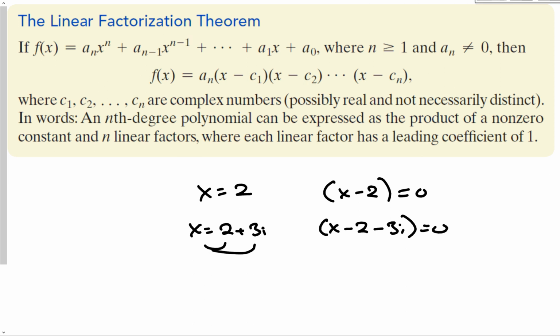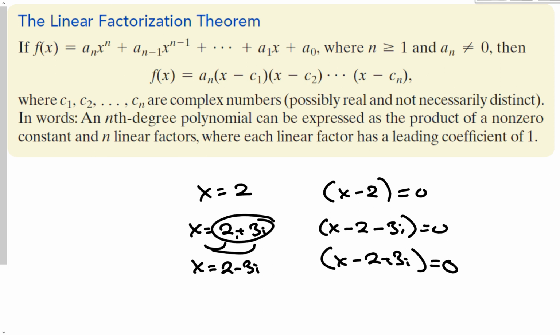And of course, if this is a root, this must also be a root, which means that another factor would be x minus 2 plus 3i. So remember that imaginary complex numbers always come in conjugate pairs, as well as irrational numbers. So any radicals or any imaginary numbers are always going to come in conjugate pairs.